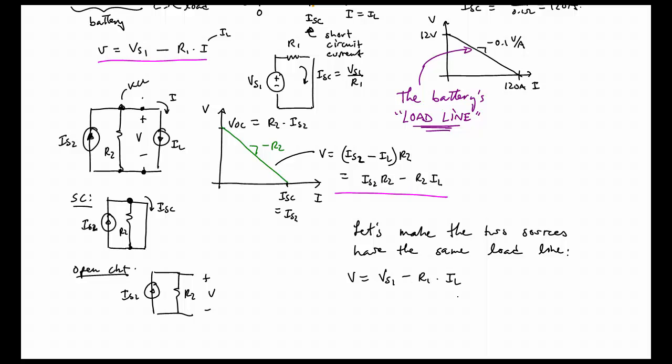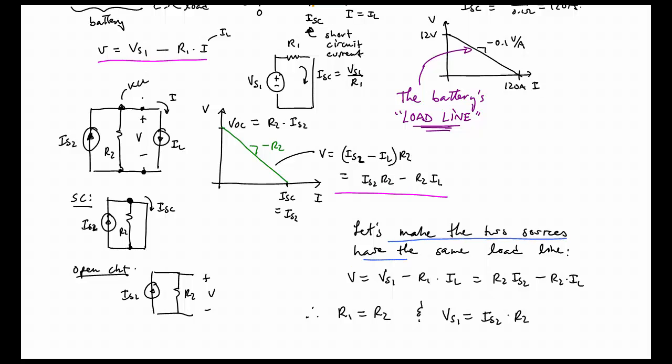That's what we had for the first one. That has to be equal to R2 IS2 minus R2 IL. Well, that's easy. We then just specify that R1 must be equal to R2. That'll get our second term. And that VS1 will be equal to IS2 times R2.